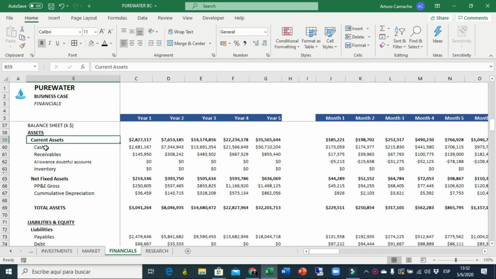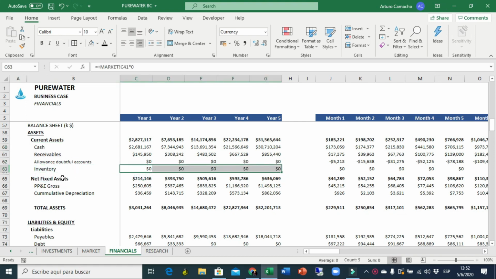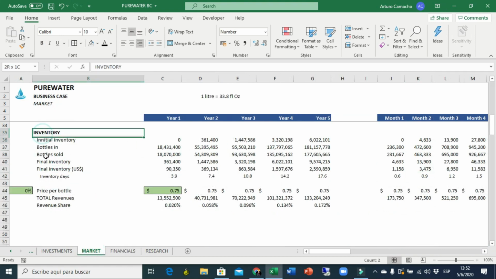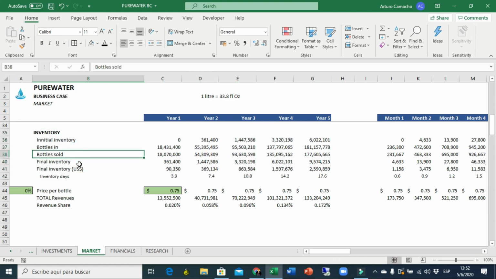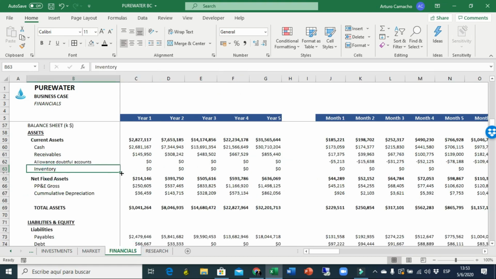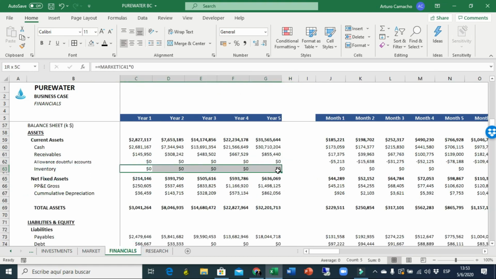The current assets are just the cash, the receivables, and the inventory that I have at 0, because the inventory that I have here has to do with the bottles that I am using for selling my water. So it's part of the cost of sales. So this inventory is not part of my project. So it's always zero. Okay.